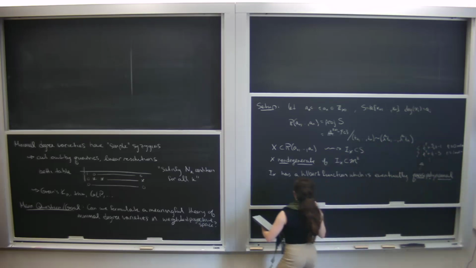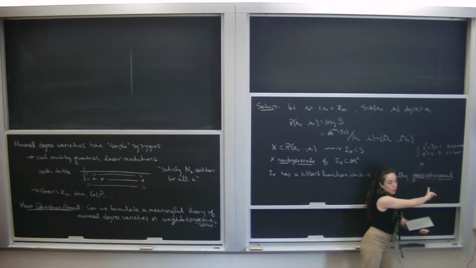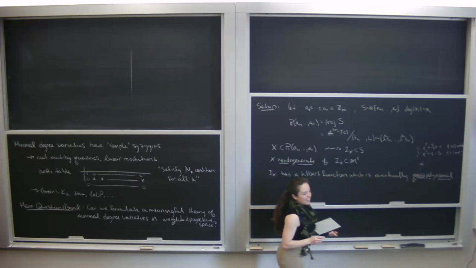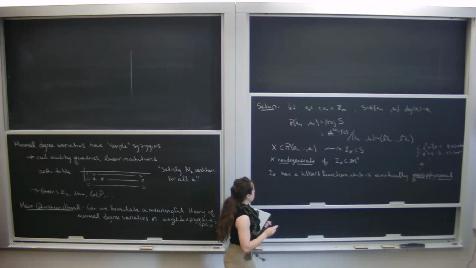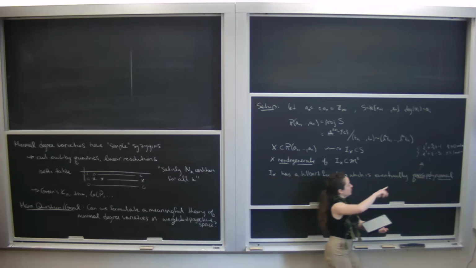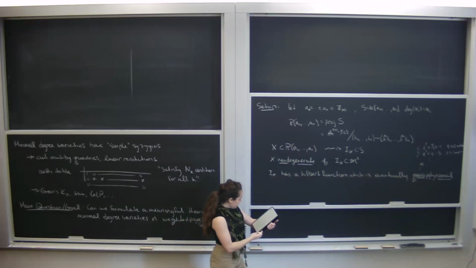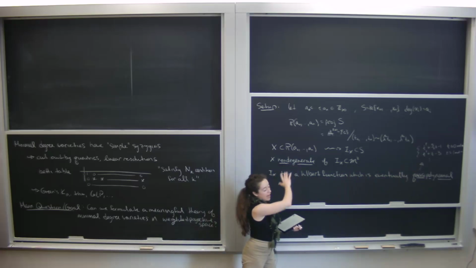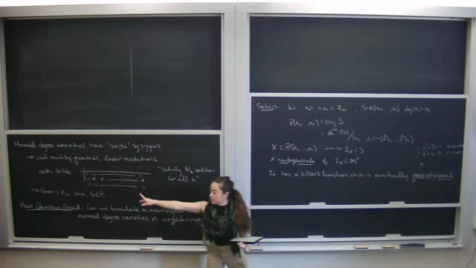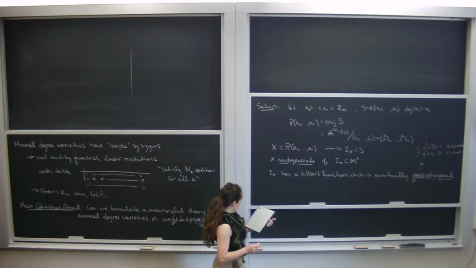So it has a Hilbert function that is eventually quasi-polynomial, and we're going to take its leading coefficient and define the degree of X using that leading coefficient, just like we did in this case.